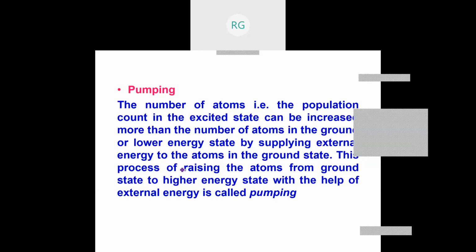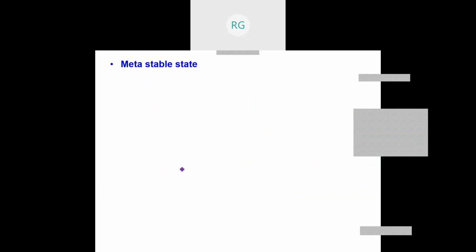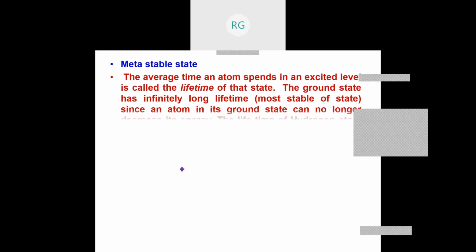A longer lifetime means this energy state should be capable of holding the atoms for a longer time, maybe in milliseconds. So the other important thing for lasing action is the metastable state.